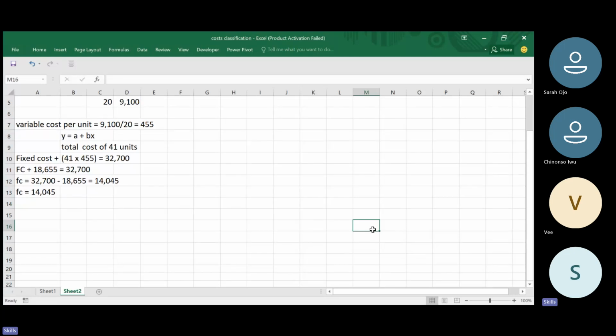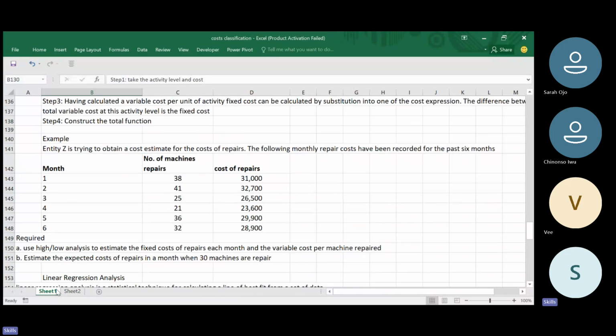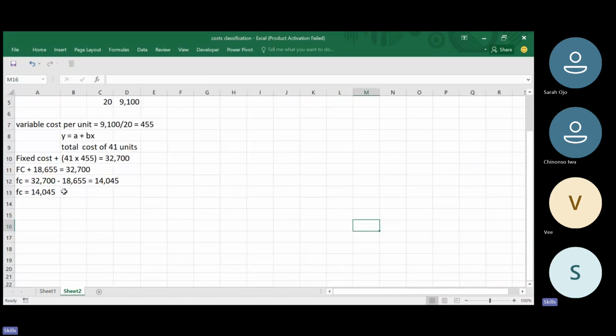Since you know the variable cost and the fixed cost, to get the total or expected cost of repairs, it is 14,045 plus 30 units multiplied by the unit cost.